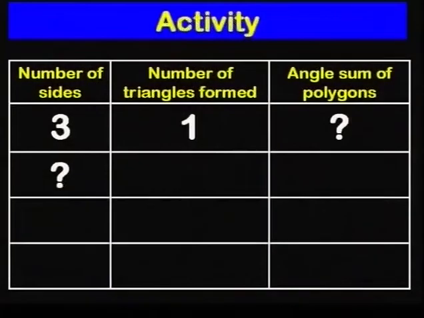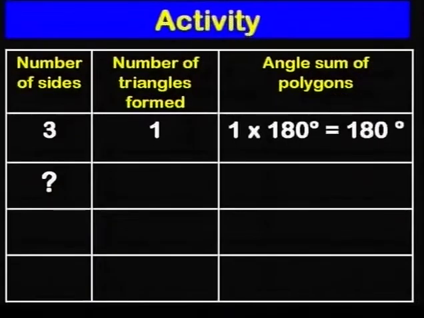Three sides. Now, to find the number of triangles formed, how many triangles are formed in a triangle? One. We said one. Very good. Now, the angle sum of the polygon. How much? 180 degrees.